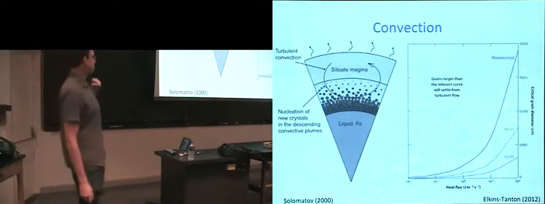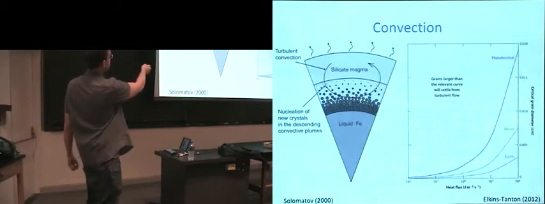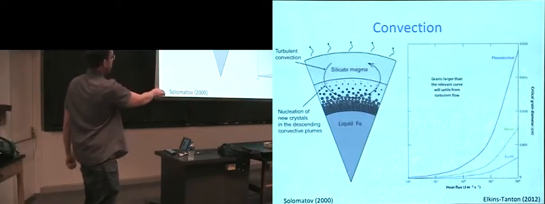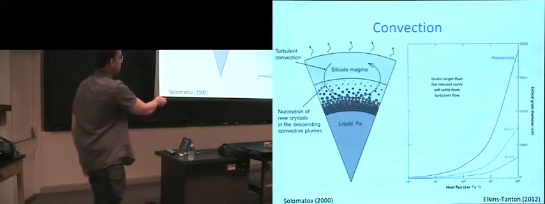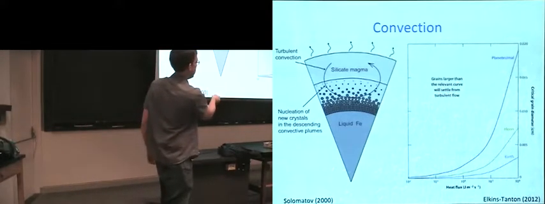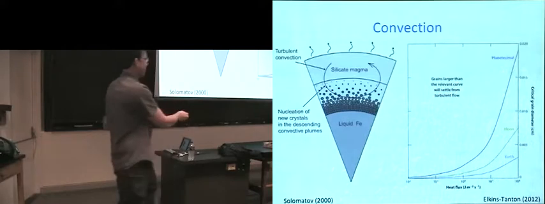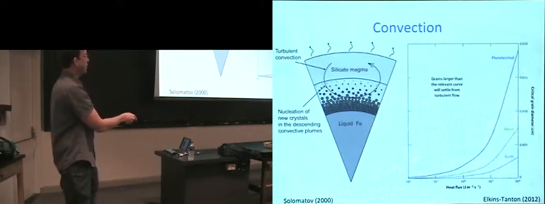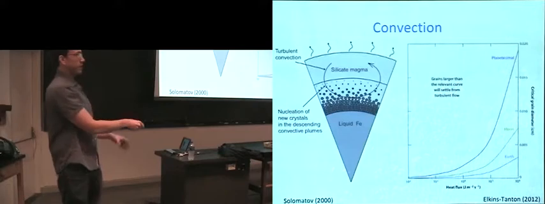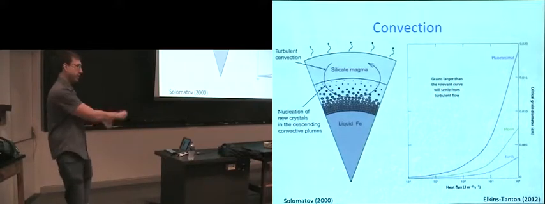So as minerals nucleate and form, at some point they're going to reach a critical size. So this is grain diameter in centimeters versus heat flow. Just ignore the labels, but what I want you to notice is that depending upon the strength of the gravity, planetesimal being low, stuff has to get up above a certain size in order for it to settle out of this convective flow.